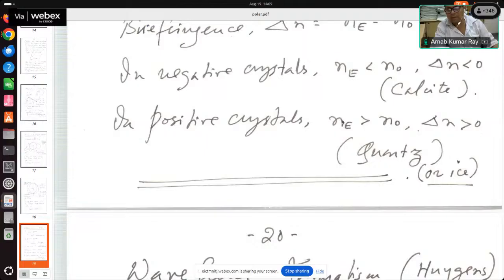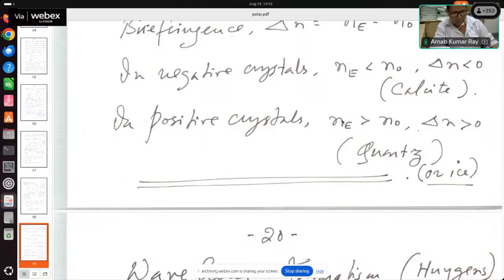So when it is an isotropic material, the epsilon value is the same in all directions, but in an anisotropic material, the epsilon value will change from one direction to another. So that's the basic idea. Of course, there are more details to be worked out. So the generation of refracted rays is this.